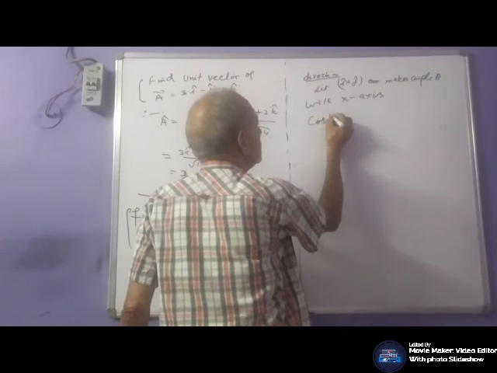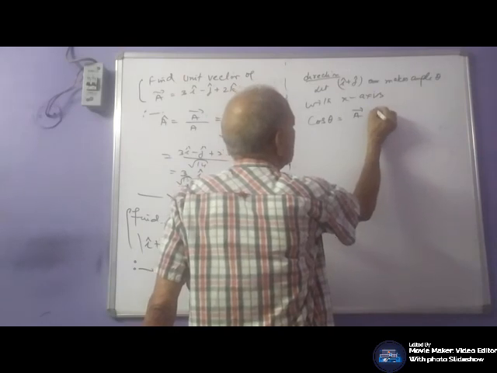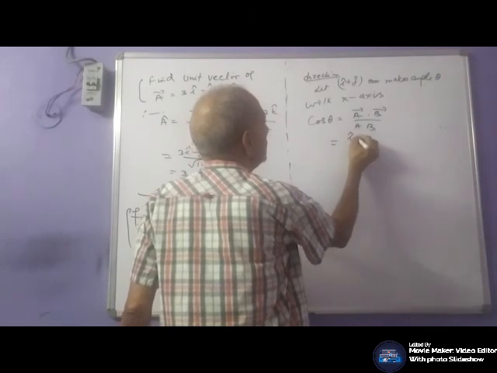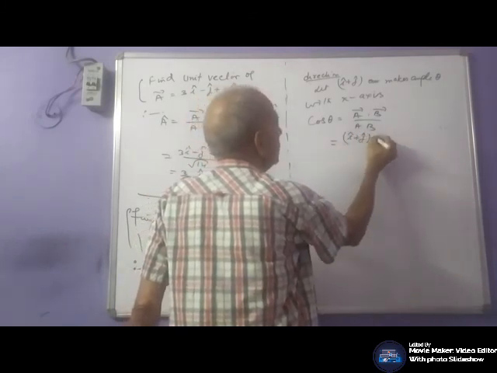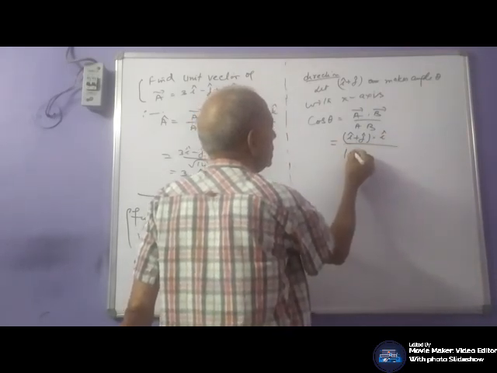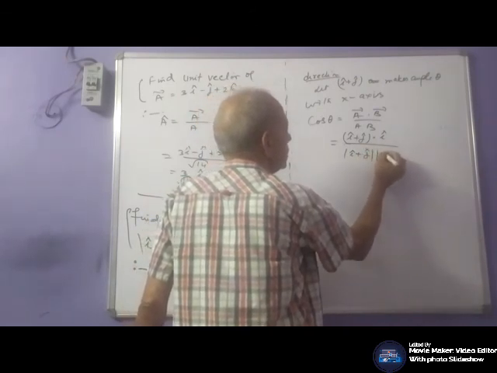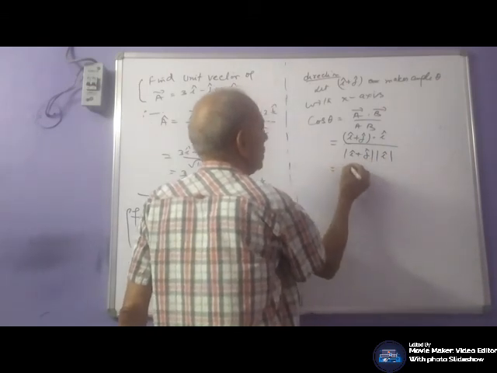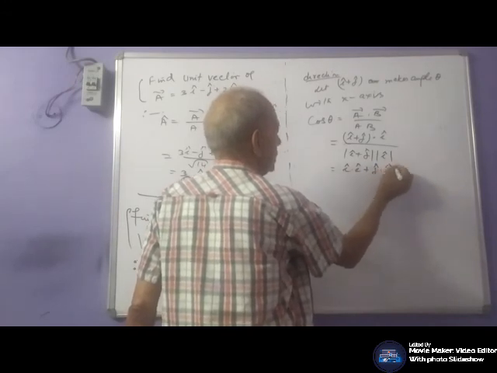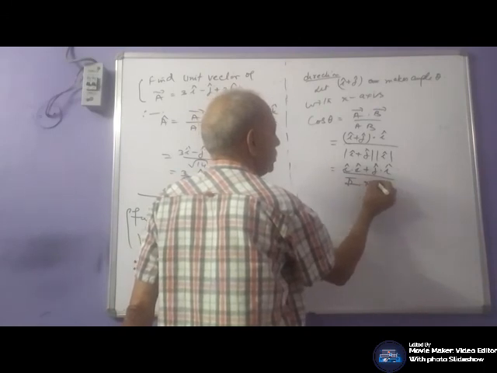cos theta is A dot B by AB. A is I plus J dot I, over the magnitude of I plus J times the magnitude of I. I dot I is 1, J dot I is 0, this is root 2, this is 1.